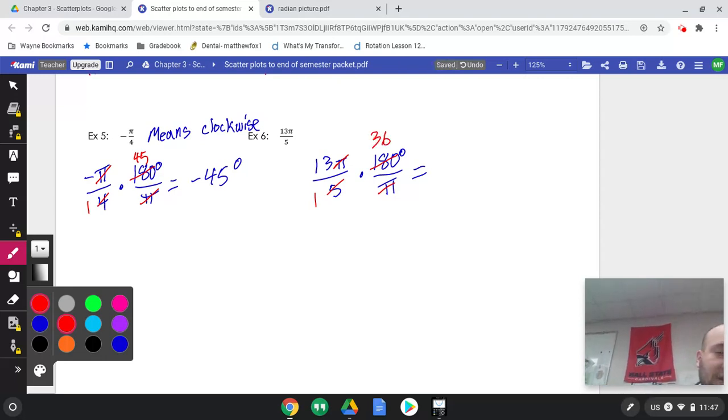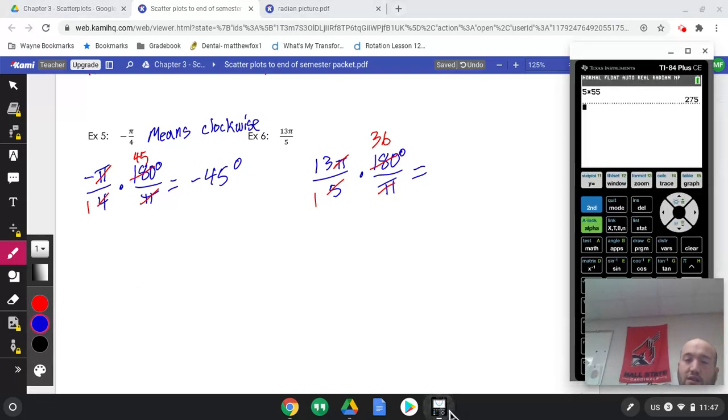So now we're almost done. All we have to do is multiply our 13 and 36. So 13 times 36 gives us 468. So we get 468 degrees. Now, if we think about that, 468 is more than 360. So that would be one time around plus an additional 108 degrees.